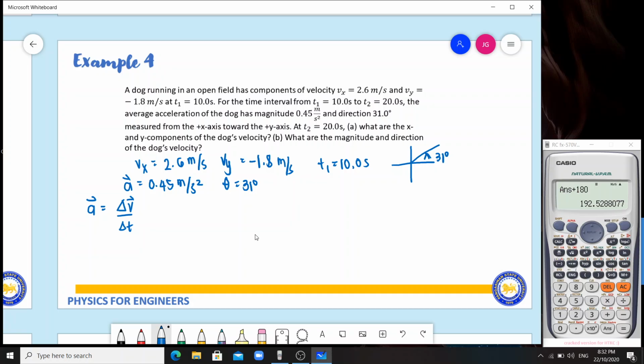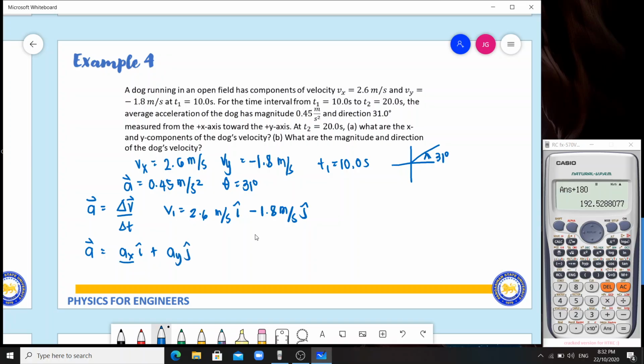Ang v1 natin is 2.6 meters per second I minus 1.8 meters per second J. Ayan, yan yung V1. Now, the problem is, ano yung V2 or V at 20 seconds? So, meron tayo nito and the theta. So, kunin muna natin, di ba, ang A can be written as AX I plus AY J.